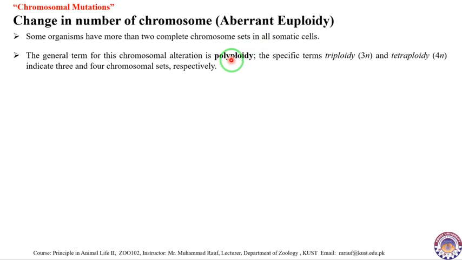These are referred to as polyploidy, the multiples of the basic chromosome complement: triploid 3n, tetraploid 4n.